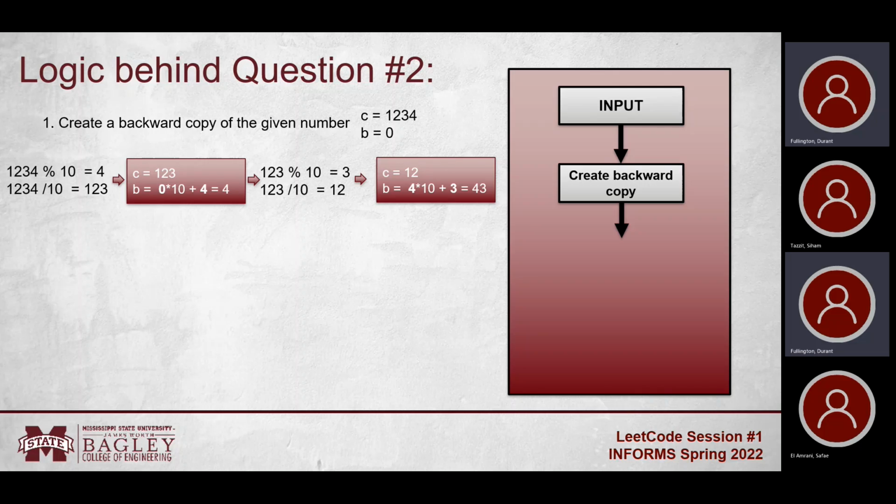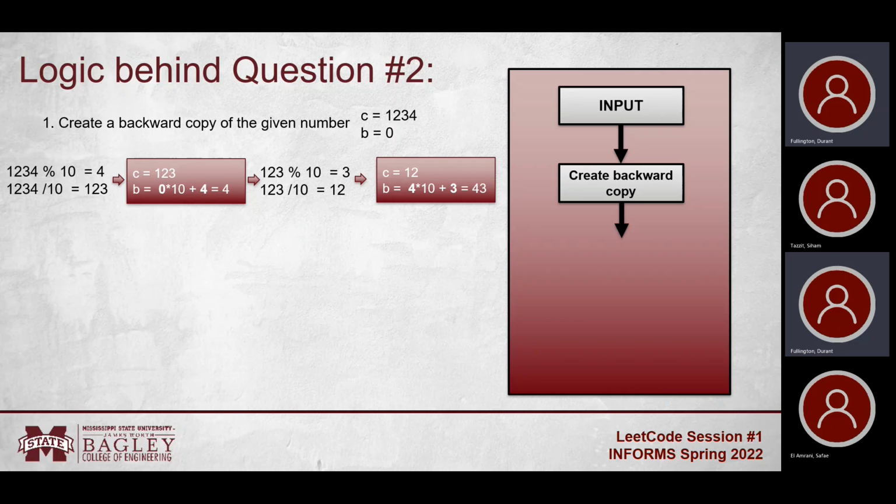You take mod by 10, which in Python gives you the remainder. The remainder is 4, and we keep that in the backward copy. If we do integer division, we end up with 1, 2, 3.